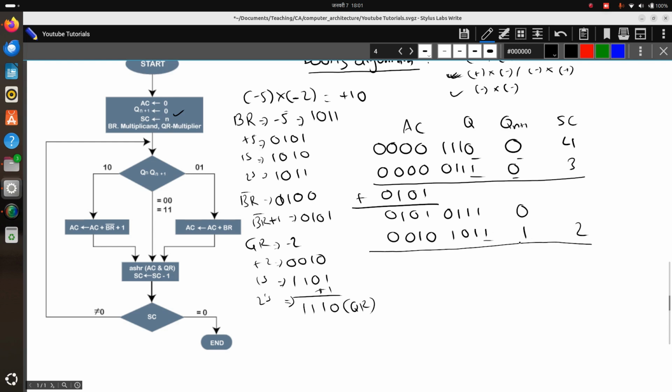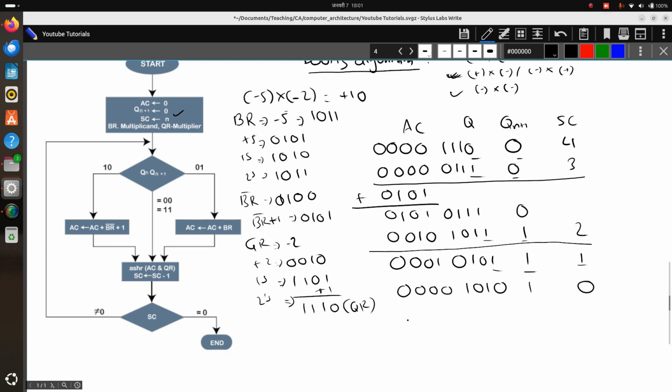We again see the combination of 1 and 1. Now we again need to perform a right shift operation, so which means 0, 0, 0, 1, 0, 1, 0, 1 and 1, and our step counter is 1 again. Since the combination is 1, 1, we again need to do a right shift. So 0, 0, 0, 0, 1, 0, 1, 0, and then the value 1 is here.